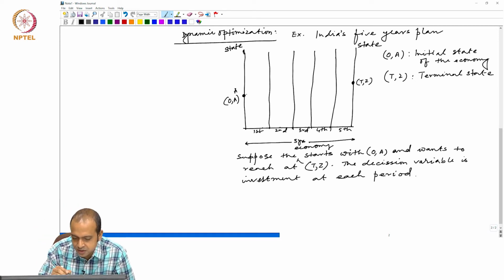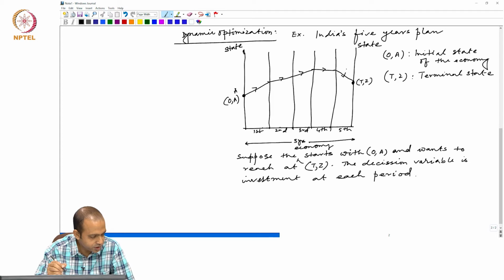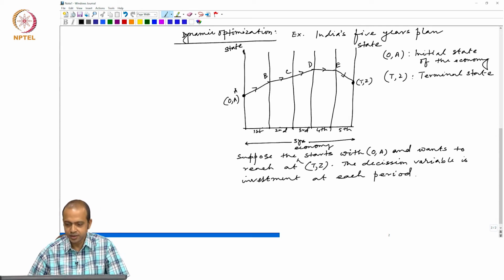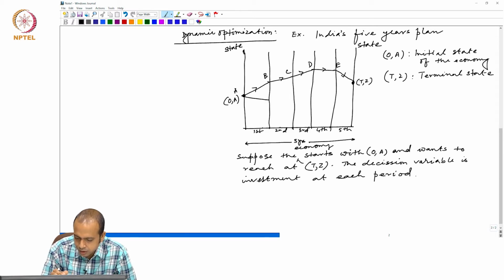For example, let us say this is one path, and let us call this path A, B, C, D, E, and then Z. There is one more path, another path, let us say this.